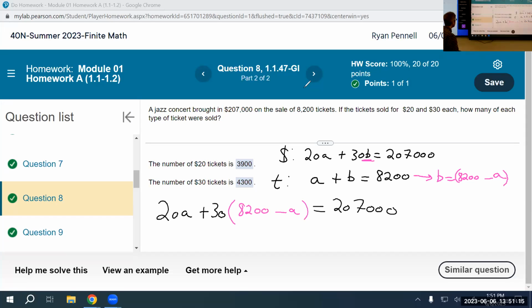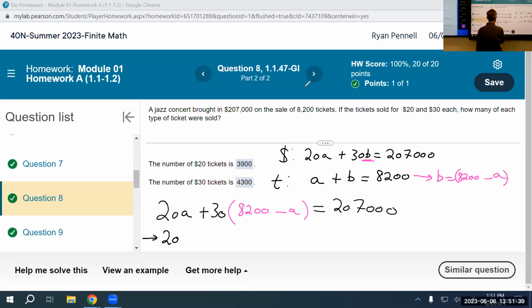Okay. Now I have one equation with one variable, which means I can solve for it. Well, that's nice. So now I can solve for that. And when I do that, I can plug it in to the other equation and solve for the other variable. And that must be where the lines cross. Okay. All right, so let's do just that.